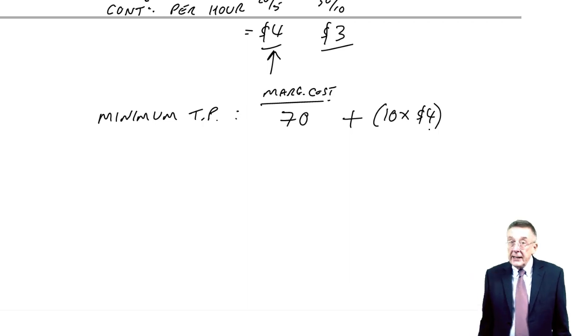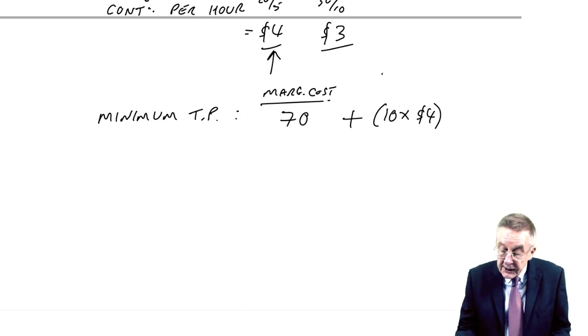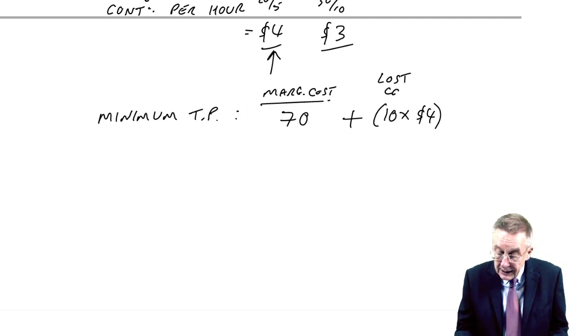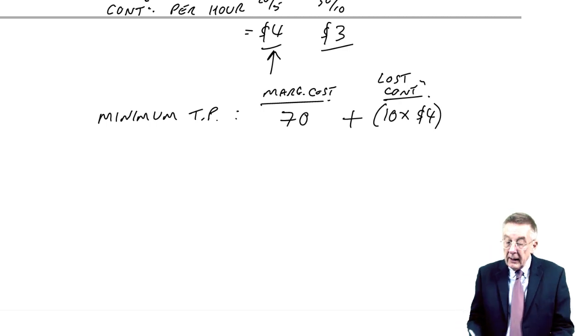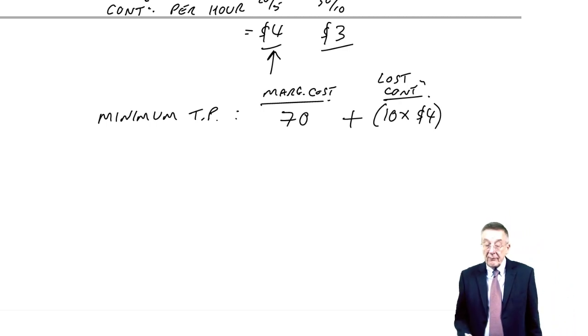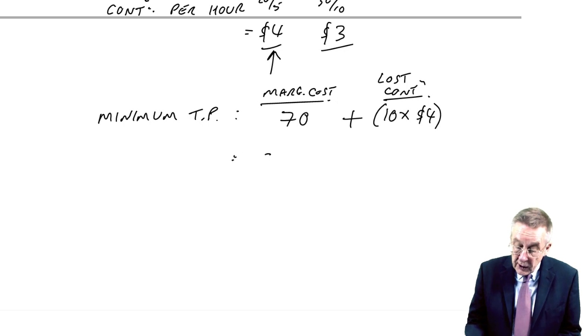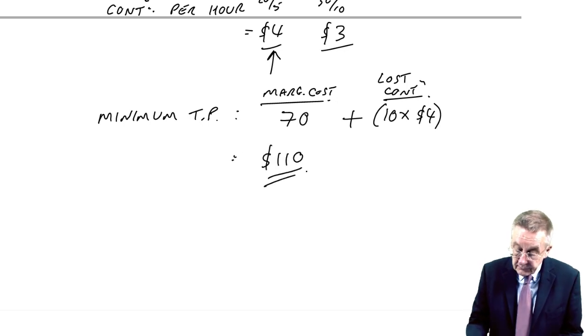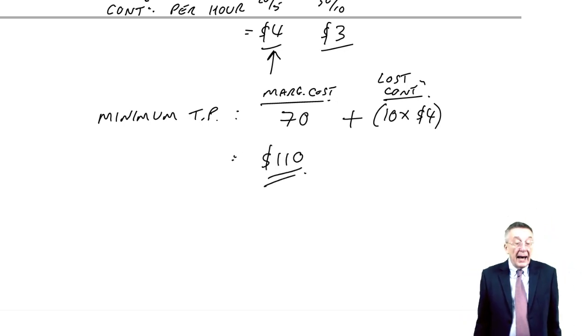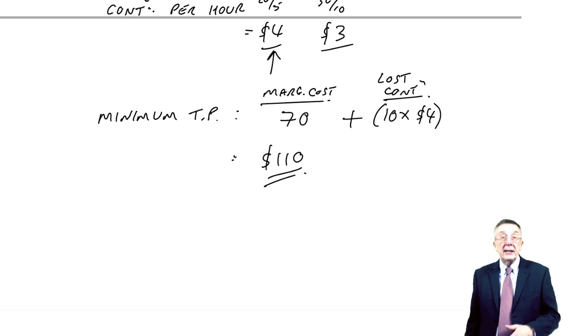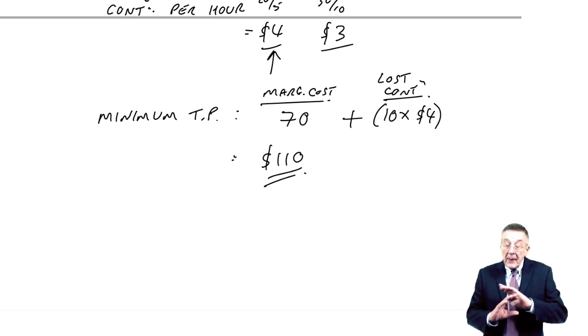And so making Ys for the other division is losing us contribution of 40. And so the minimum transfer price is 110. A will have to charge at least 110 in order to be prepared to make Ys and supply them to Division B. Now, if that makes sense, great.